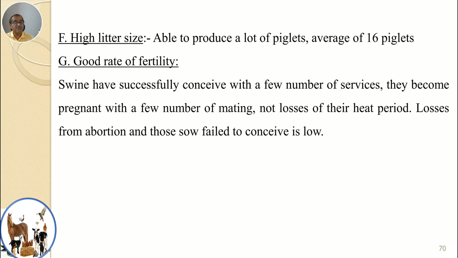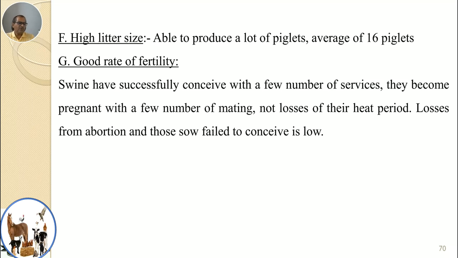And the litter size is also high, with an average of 16 piglets at a time, depending upon the breed of the pig. That is a very high fecundity rate. So that makes the pig one of the most sought-after animals for meat eaters.